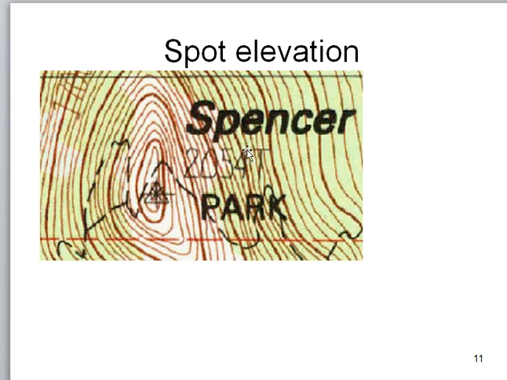Sometimes topographic maps have what's called a spot elevation, and often at the top of mountains there'll be a triangle or a dot with the elevation written right beside it. So at the top of Spencer Butte in Eugene, the elevation is 2,054 feet.